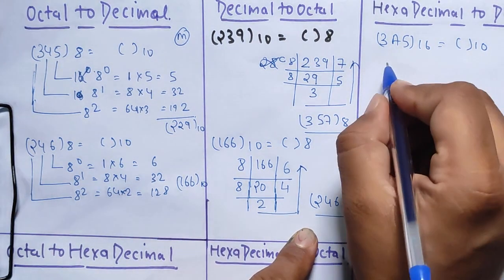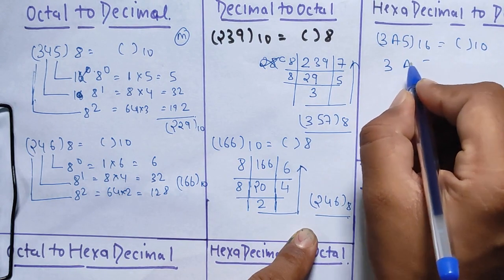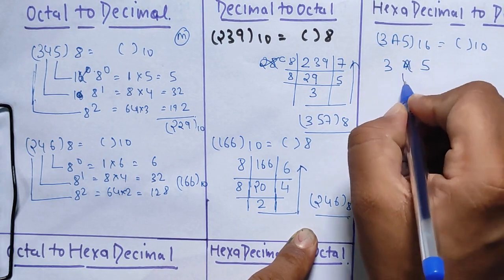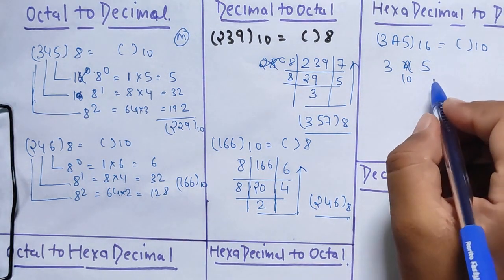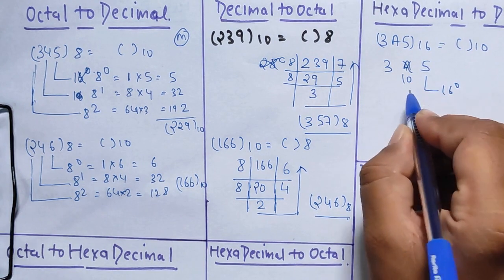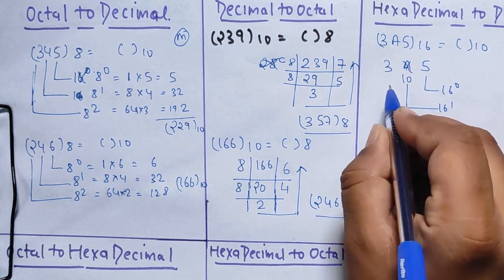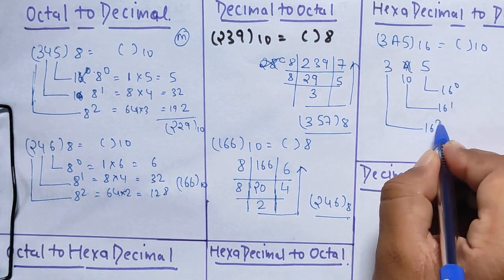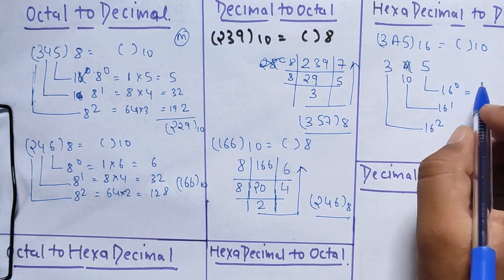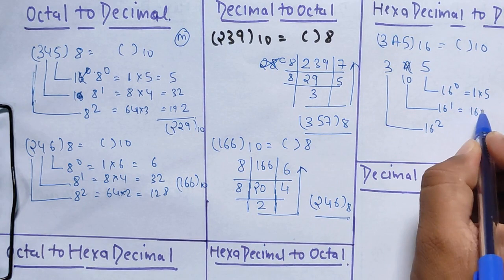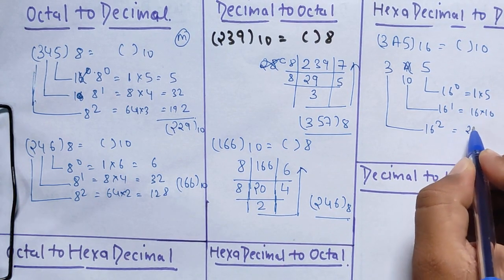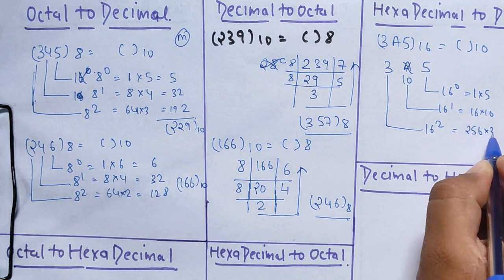How can I do it? 3A5. What is the meaning of A? A represents 10, so I will replace it by 10. This is 16 to the power 0, this is 16 to the power 1, and this is 16 to the power 2. So it will be 1 into 5, it will be 16 into 10, and it will be 256 into 3.